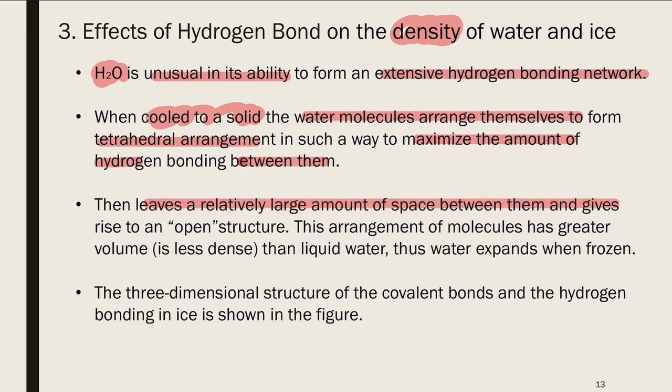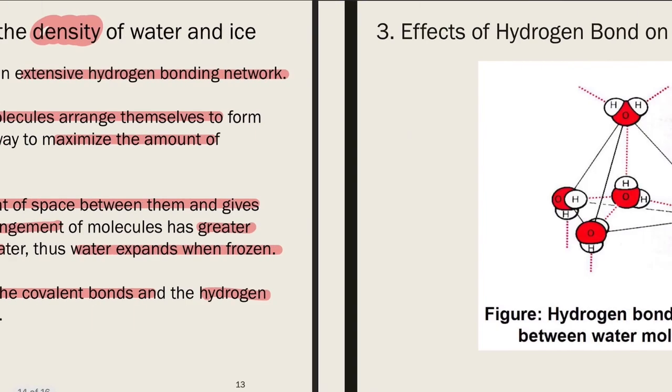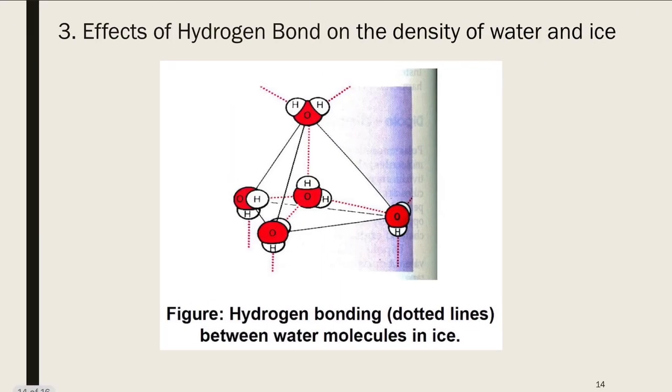Then it will leave a relatively large amount of space between them and gives rise to an open structure. So this arrangement of molecules has greater volume, tapi dia kurang tumpat berbanding dengan liquid water, sebab water will expand when it's frozen. So the three-dimensional structure of the covalent bonds and the hydrogen bonds is shown in this diagram.